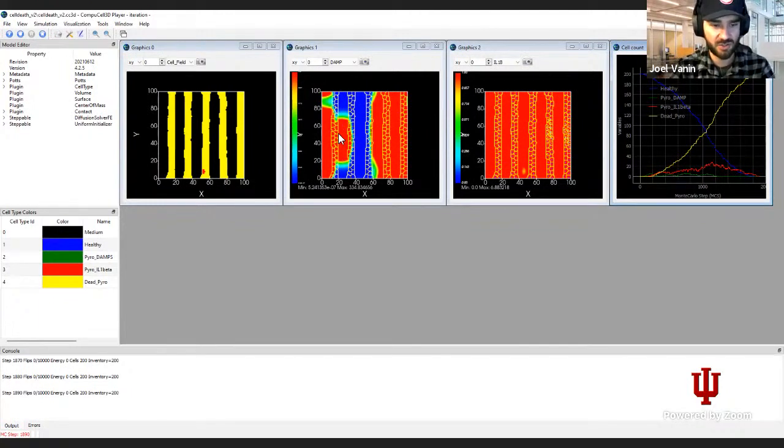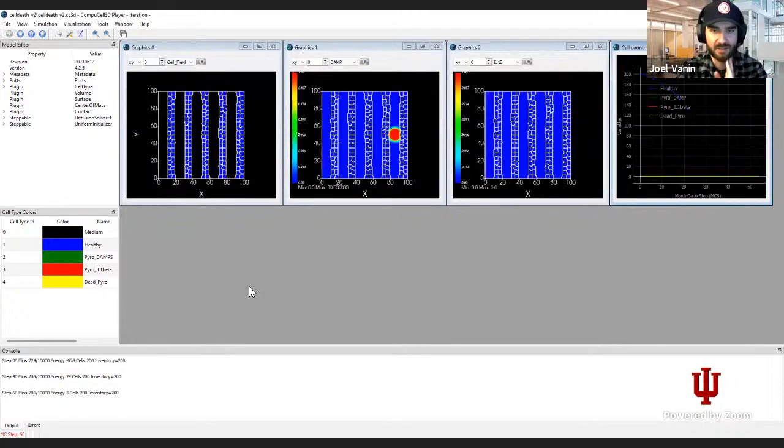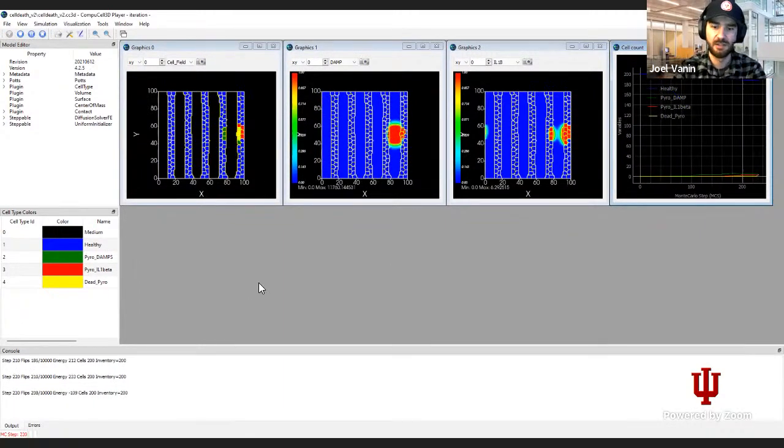I just changed the point where the cells are secreting. Before I was secreting like 3 points away from the cell. Now I'm just secreting like 2 points, and this already gives a huge difference on how much it spreads in the system. But yeah, I'll play again so you guys can see, and also see the cell count.